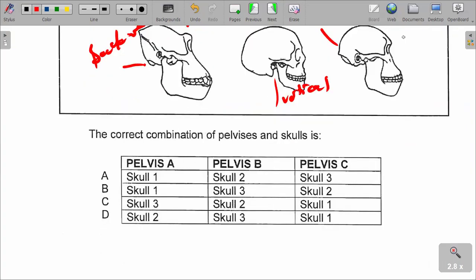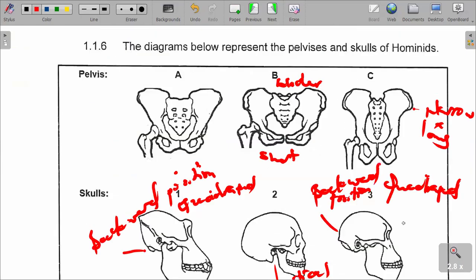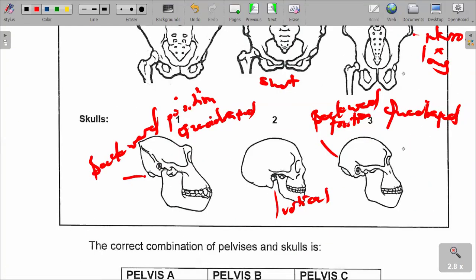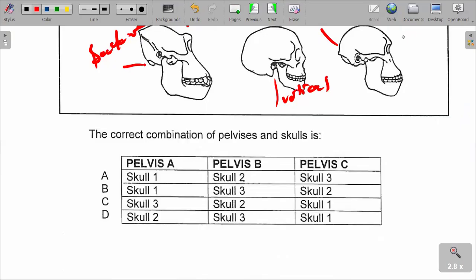The question says the correct combination of pelvises and skulls represents the pelvises and skulls of hominids. So we are given these, and then we are supposed to understand which skull matches which pelvis.